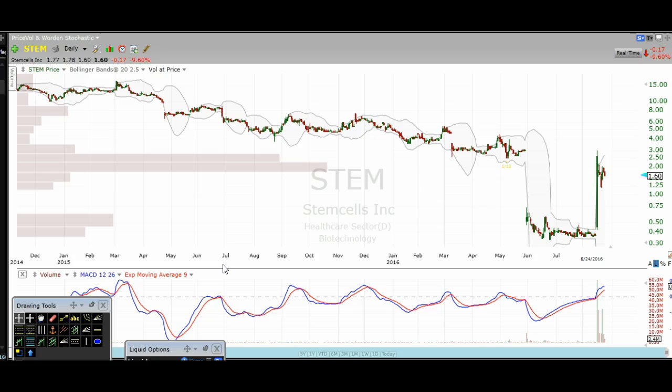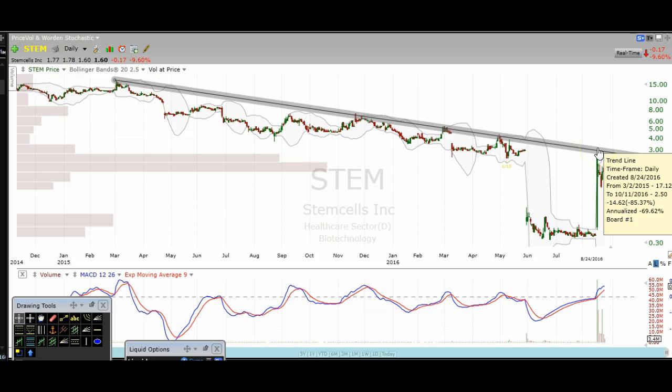Alright, so first one we're going to look at is STEM, S-T-E-M. First thing I'm seeing here, really easy, is downtrend. So right there, okay? There was a touch, a touch, a touch, a touch, and then here we have that touch right there.